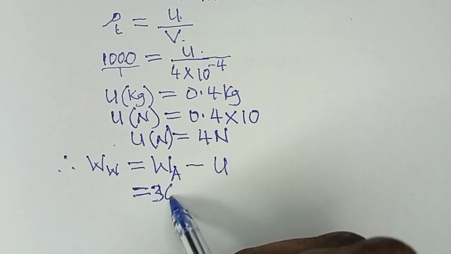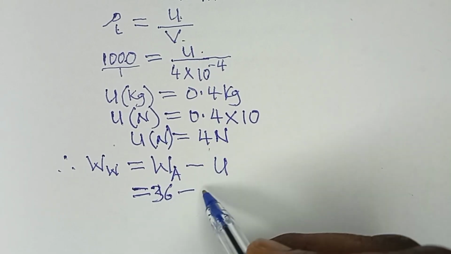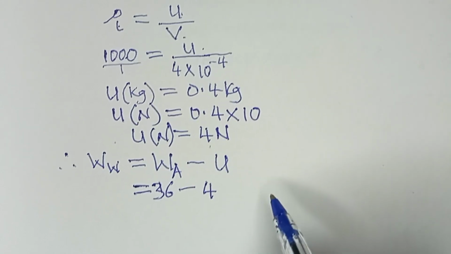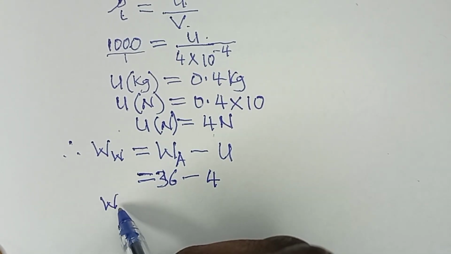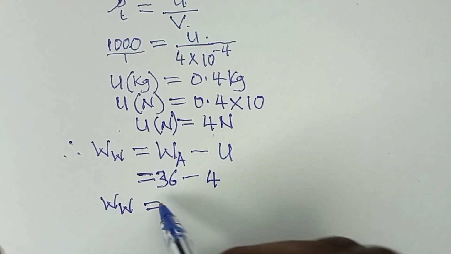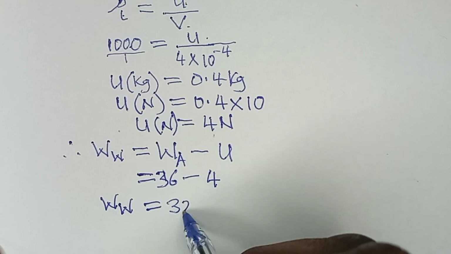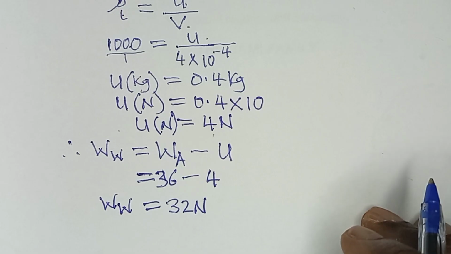That is 36 minus the upthrust, which is 4. So that will give us the weight in water. That is the reading of the balance in water as equal to 32 Newton. So that is the answer to that.